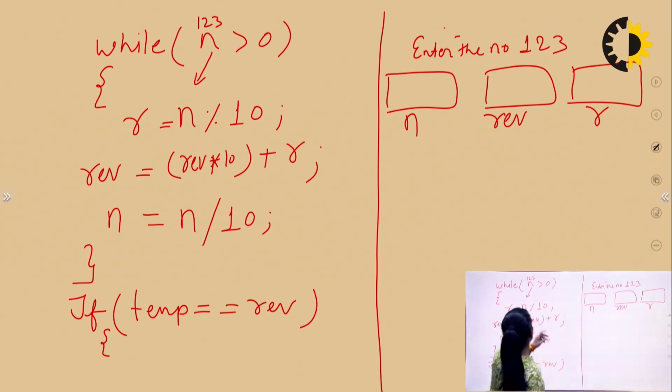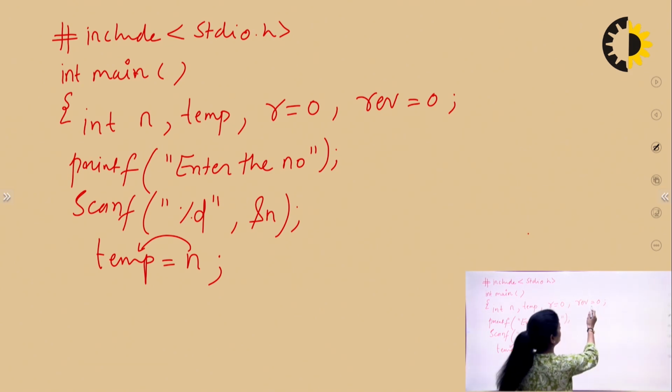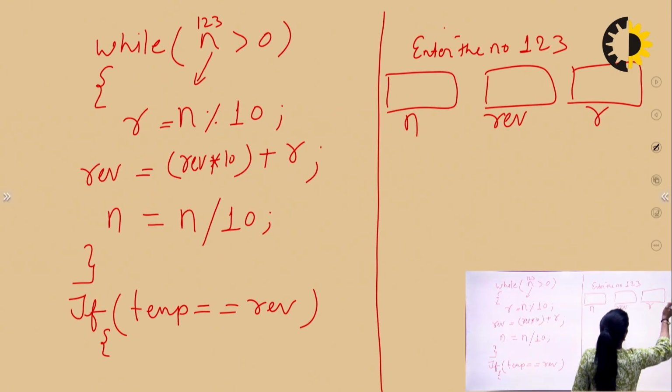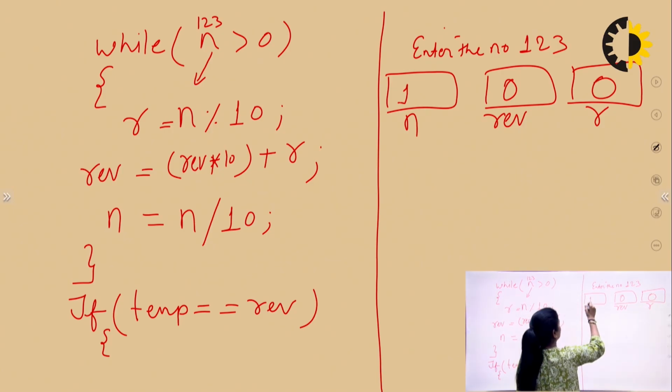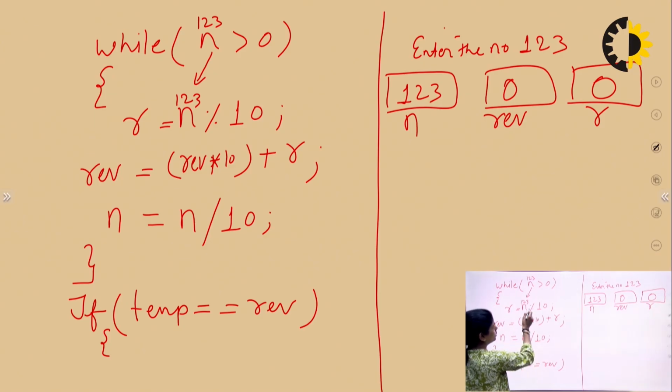Okay, as per the code you can check first. Your reverse will be initialized with 0 and your R will be initialized with 0. So you can put here 0 and 0 and your number is 1 2 3. Your initial state is this. Now check 1 2 3 modulus 10, what is the remainder?